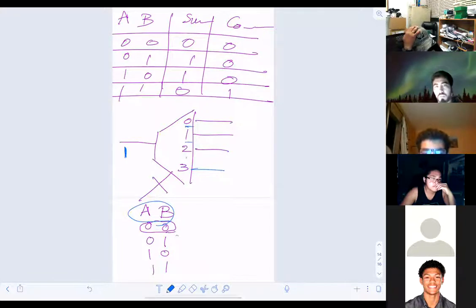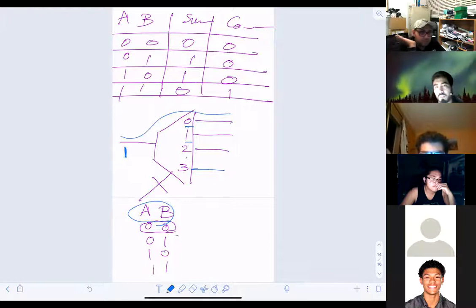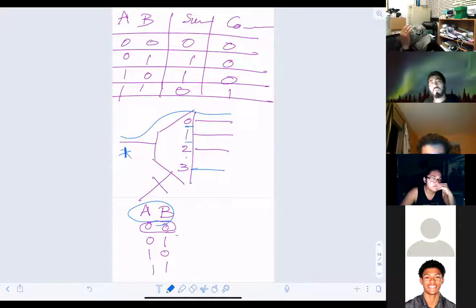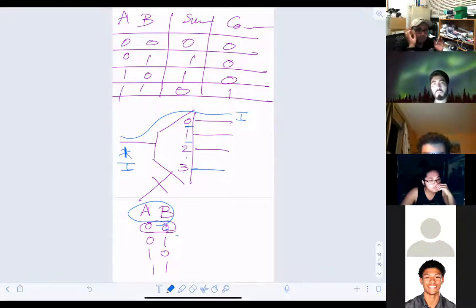If it's 0, 0, that means the input will be the output. So this wire will be holding whatever is here. As was said, let's call it I. So if it's 0, 0, I0 is going to be equal to I. If it's 0, 1, output 1 will be I. If it's 2, output 2 will be I. If it's 3, output 3 will be I. That makes sense?